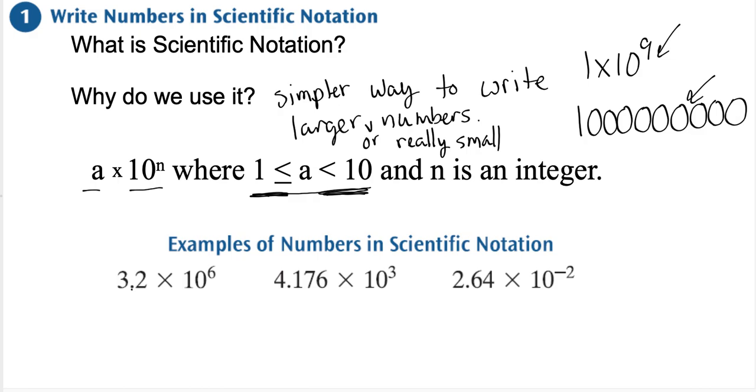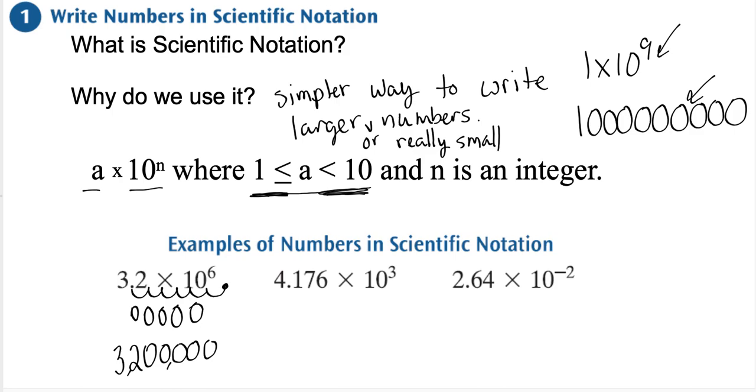The easy thing with scientific notation is if we know that number is getting bigger, we're going to take that decimal place and move it to the right. So you would move that decimal place to the right 6 times. 1, 2, 3, 4, 5, 6. That's where that decimal place is going to land, and all these open spaces are where zeros go. So this number is actually 3,200,000, because we're moving that decimal place to the right 6 times.